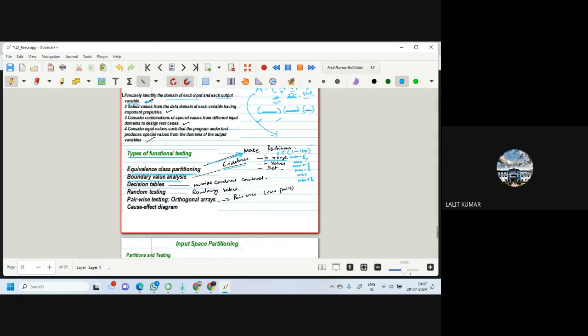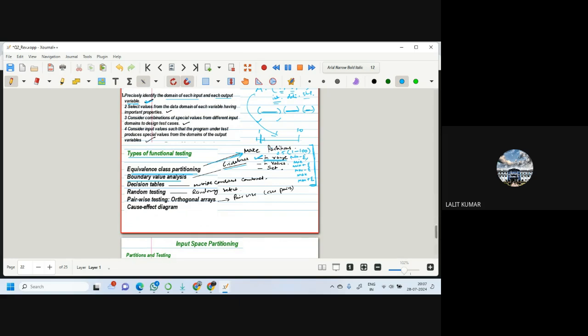Because most of the software developers make mistakes at the boundaries. So these are the conditions to check when the partition we have made is in range. Min minus epsilon, min plus epsilon. So it is like 1 to 100. I will check here, here, and here.